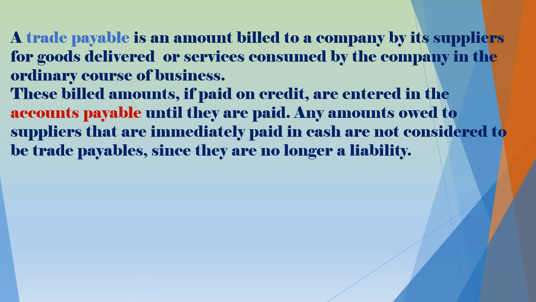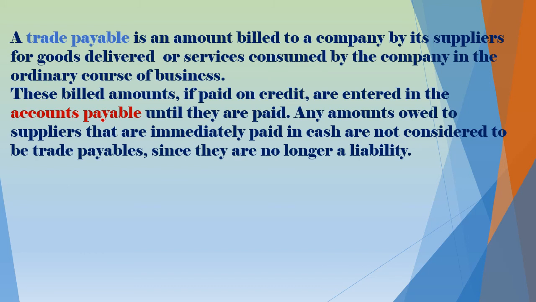So similarly, like trade receivable, we said that it was the amount that has to be received on sale of goods and services. Now there were two types of trade receivable, debtors and bills receivable.